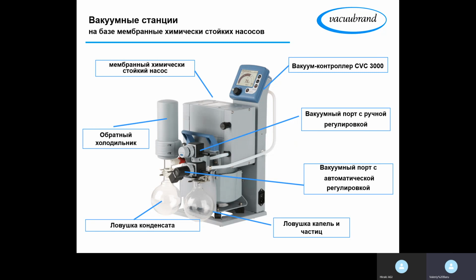Well, not all chemical resistant pumps, but they are certified to pump out the explosive vapors that are inside the vacuum chambers, so inside the pump. So you can pump out the explosive vapors, but you cannot put the pump inside the explosion, how to say that, EX zone. Yep.